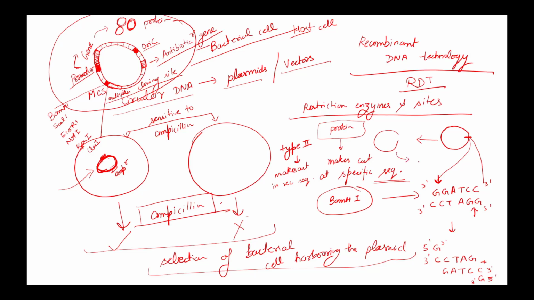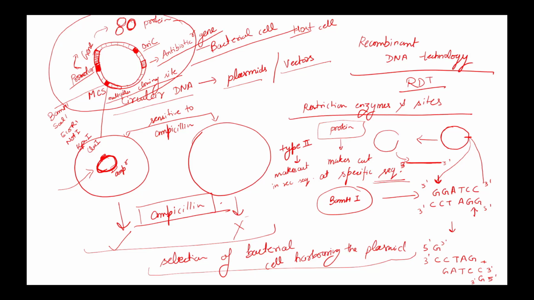From circular it will become a linear plasmid which has the restriction ends generated. Here BamH1 restriction sites are generated at the ends.